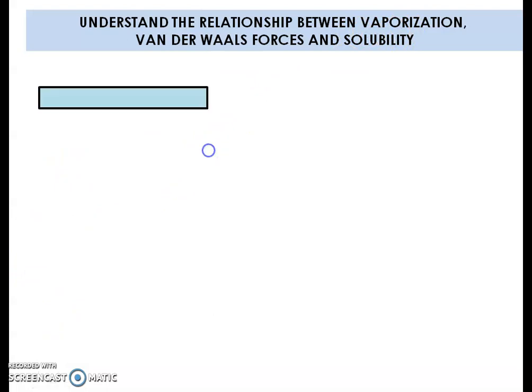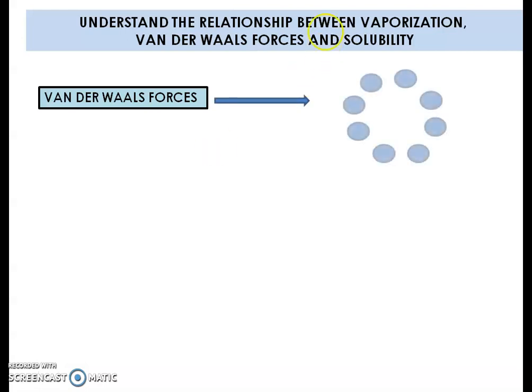First we will discuss what van der Waals forces are. Van der Waals forces are the forces which exist between any two substances in the universe. Suppose we take a solvent. If these are the molecules of the solvent, then definitely there will be van der Waals forces of attraction between these molecules. And if they are very strong, what will happen?